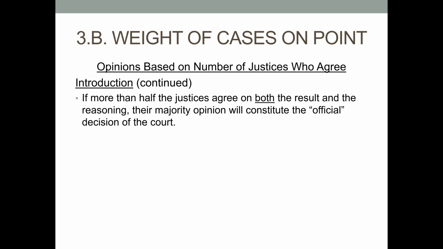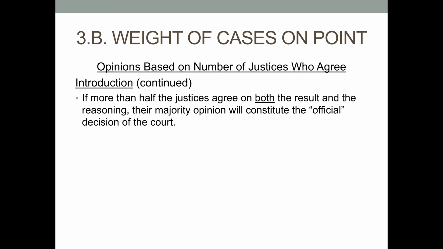Now, if more than half the justices on the court agree on both the result and the reasoning, then they will join in what's called a majority opinion, because it is more than half the justices who heard the case that agree on both the result and the reasoning.